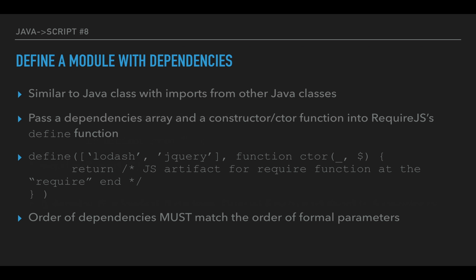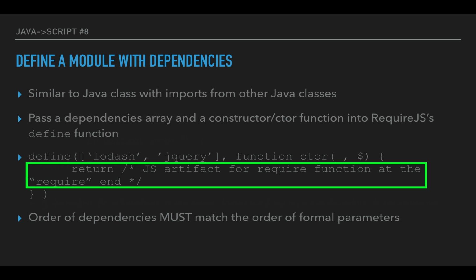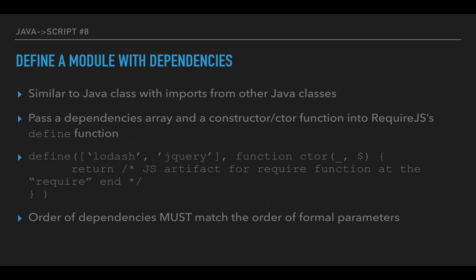This function is called after both the Lodash and jQuery libraries are loaded. The underscore inside the constructor function is the Lodash library. The $ inside the constructor function is the jQuery library. This constructor or callback returns any kind of JavaScript artifact, just like the previous functional module without dependencies.